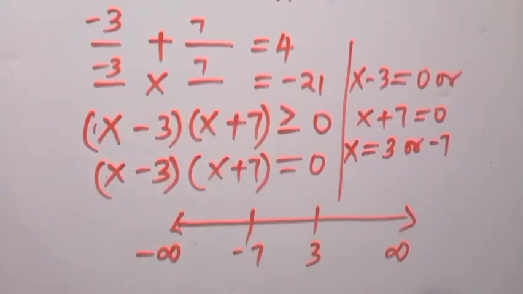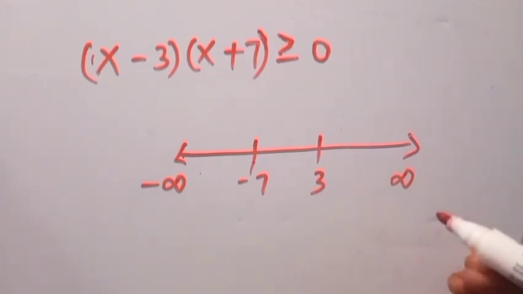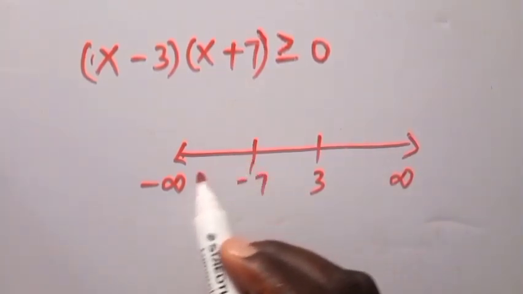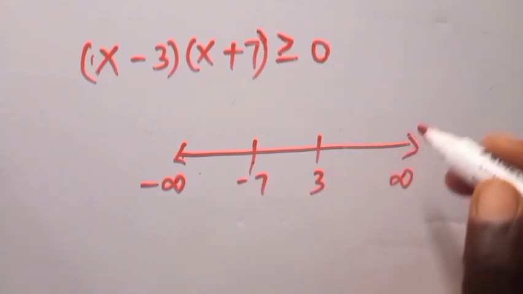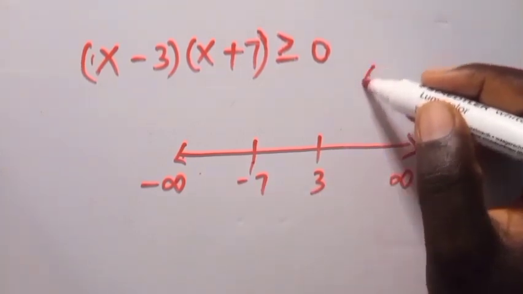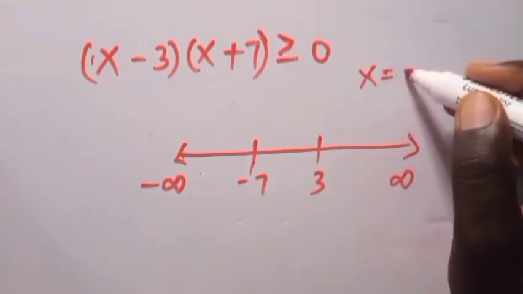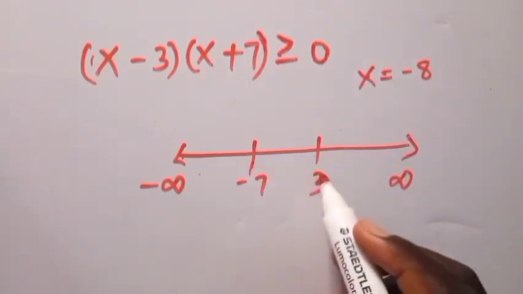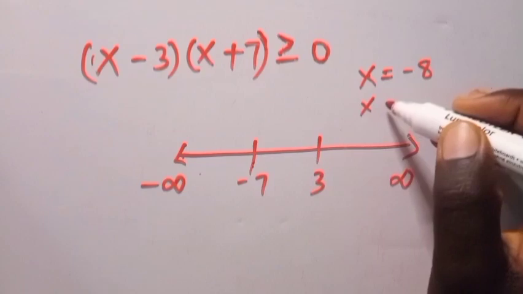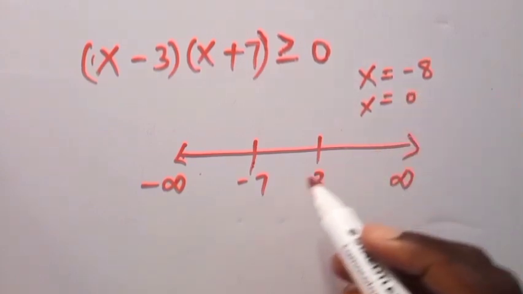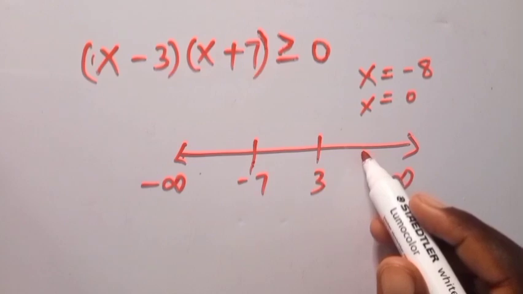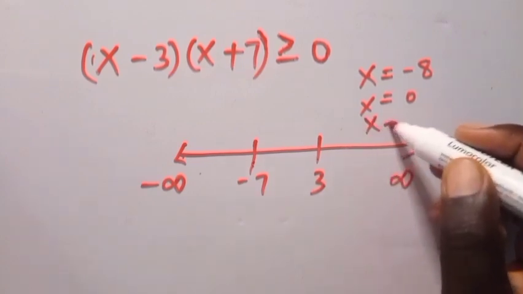Now, any number that is to the left of -7 is -8. Therefore, we take x equals -8. And a number that is between -7 and 3, we can take 0 because it is between -7 and 3. A number that is to the right of 3 is 4.